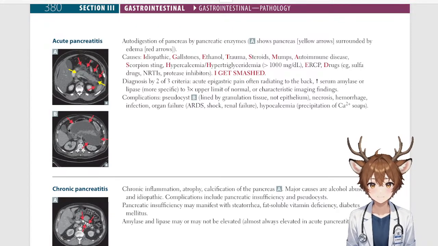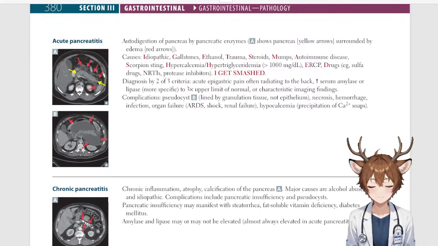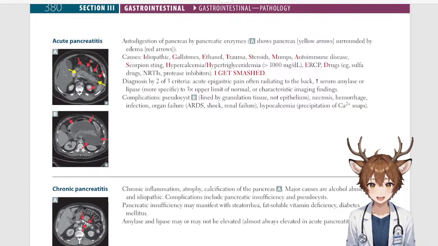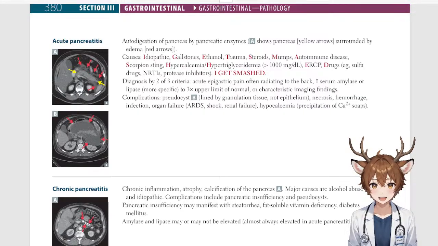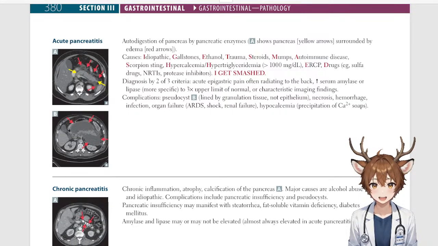That's the mnemonic there. I GET SMASHED: idiopathic, gallstones, ethanol, trauma, steroids, mumps, autoimmune, scorpion sting, hypercalcemia, hypertriglyceridemia, ERCP, drugs.